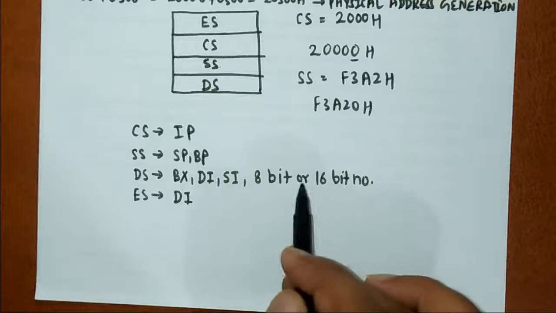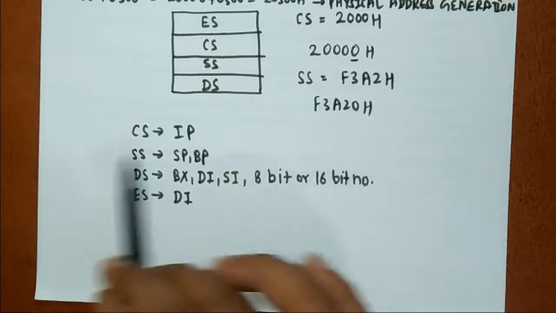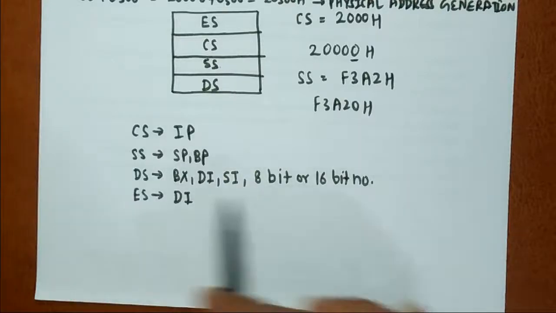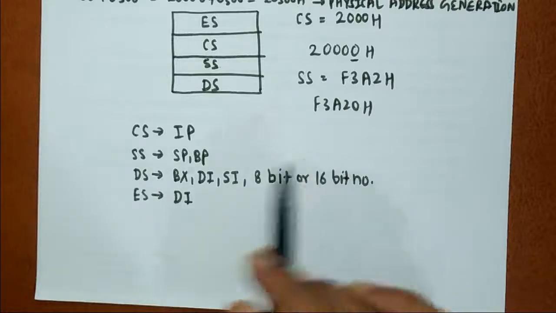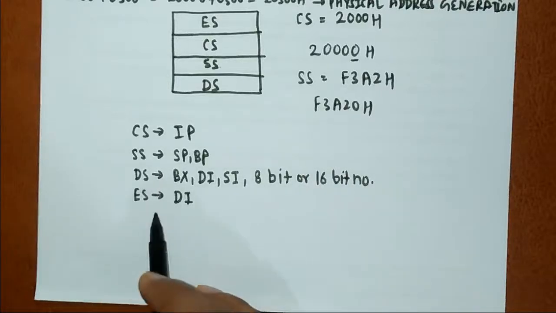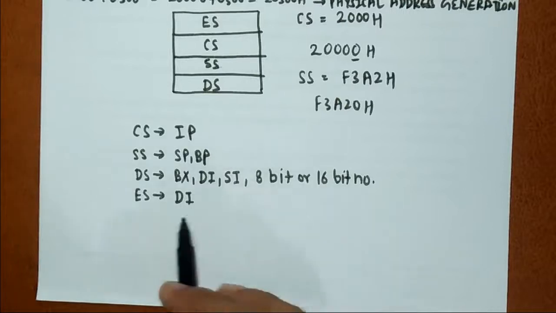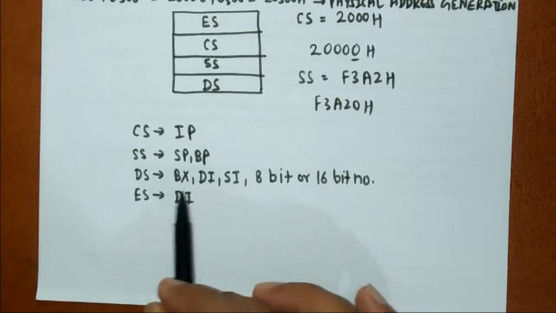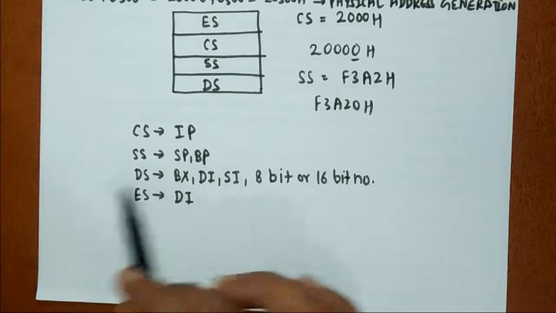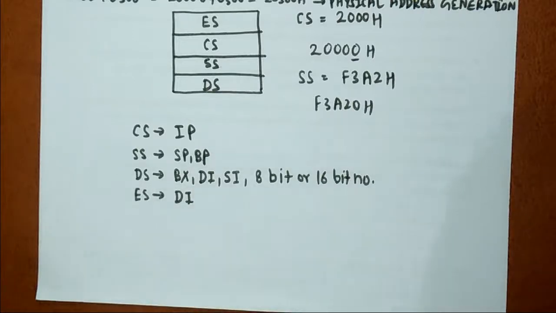This we will study in the addressing modes of the 8086 microprocessor, which one of these will be used in which condition. And last, for the extra segment, the offset register that we use is destination index. You must know that the extra segment is used only in the cases of string operations. If you want to store some data related to strings, then we use the extra segment there.